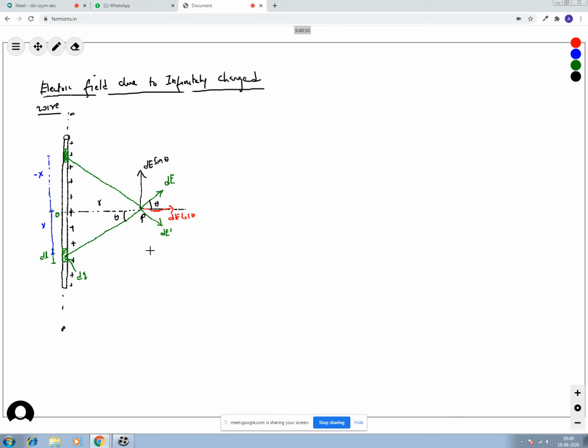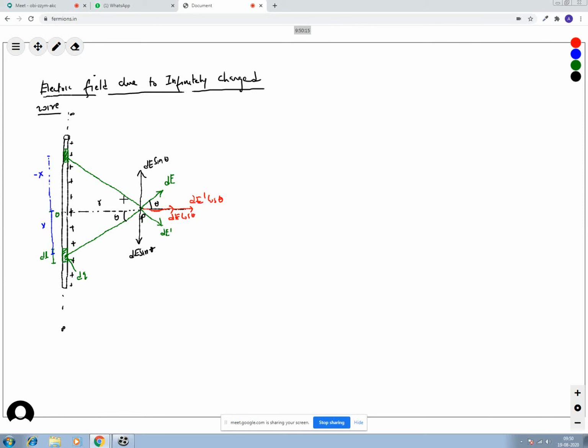Again, what will happen now? This electric field can be resolved again into two components. I can break it into dE prime sine theta and dE prime cos theta.